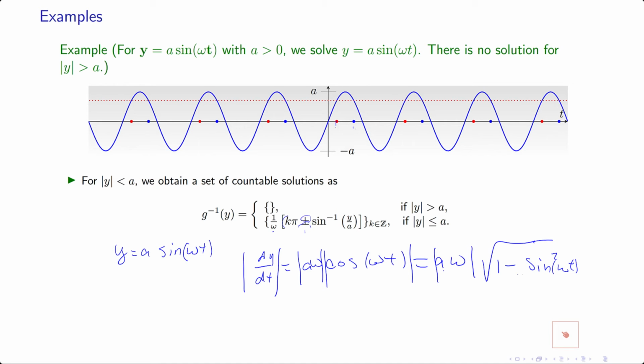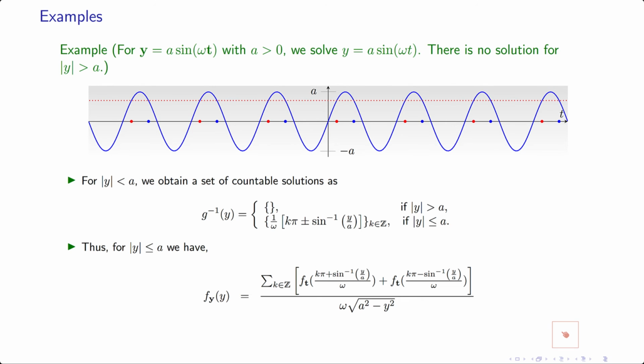Then I could absorb this a, and you have an expression only in terms of y. So the derivative of y with respect to t becomes equal to omega square root of a squared minus y squared. You can easily prove that, provided that magnitude of y is smaller than a, so this is non-negative and valid.